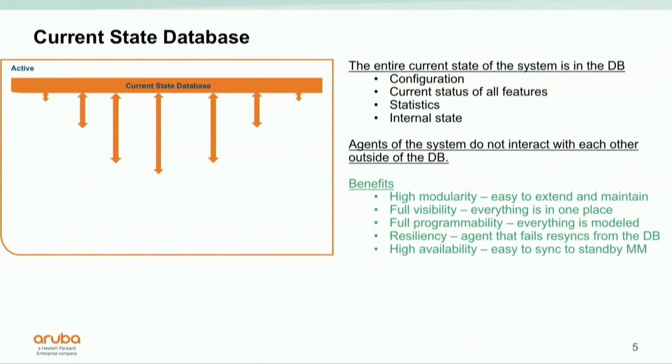So taking that to the next step, let's talk specifically about our in-memory current state database. This is our fundamental philosophical design choice. Everything is expressed into the database as a desired state, right?